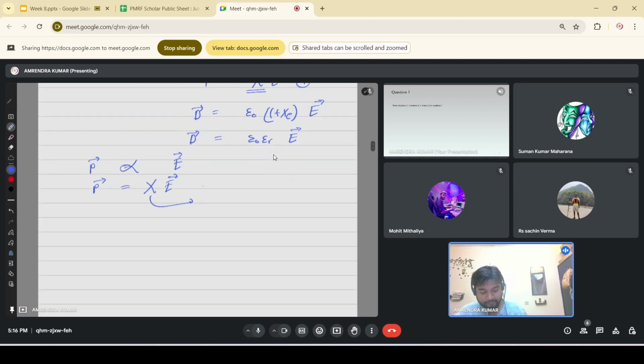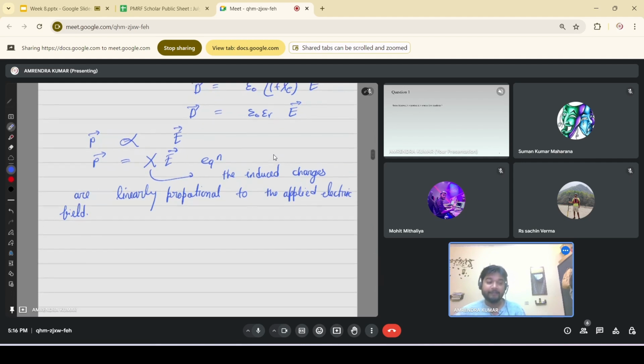This equation is saying that the induced charges are linearly proportional to the applied electric field.